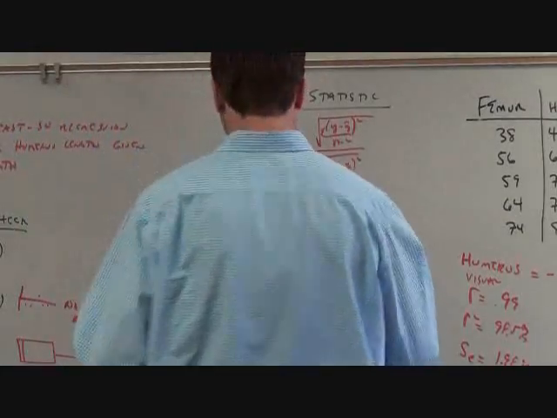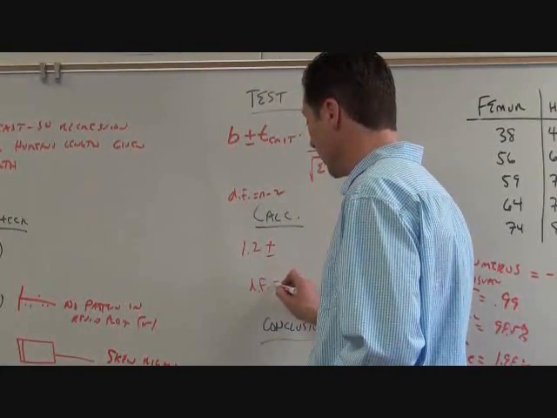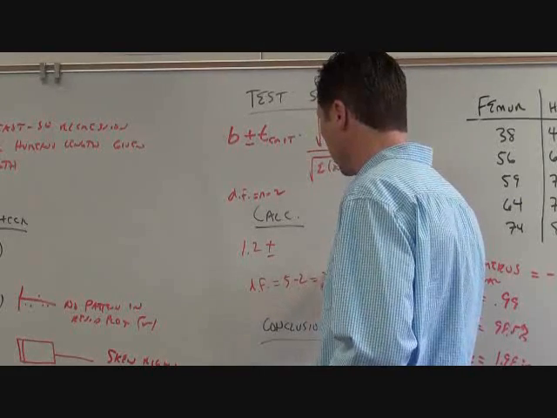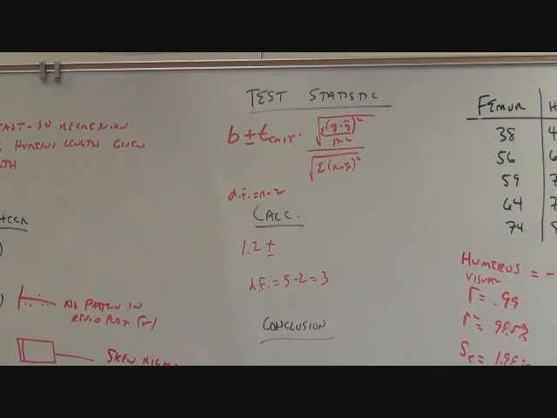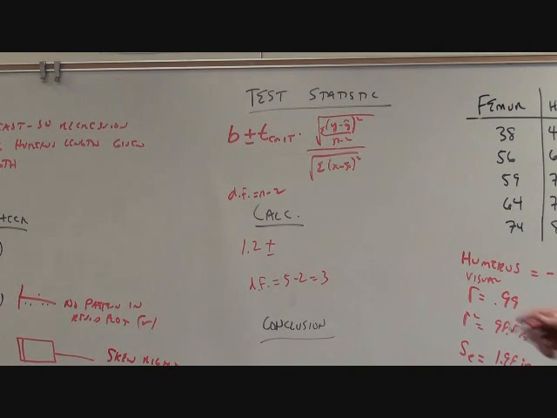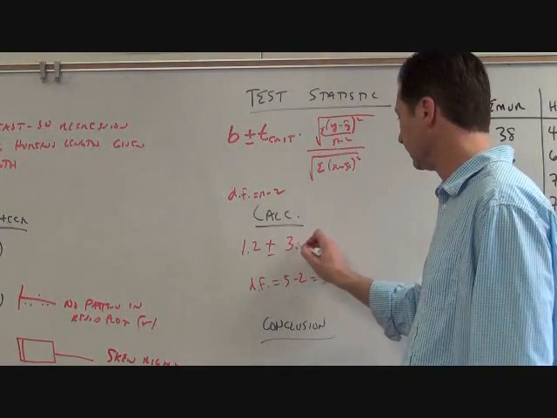What's our degrees of freedom for this? It's 3. 5 minus 2 is 3, since we have 5 points here. Anybody get a t number? 3 point something? 3.182, is that correct?